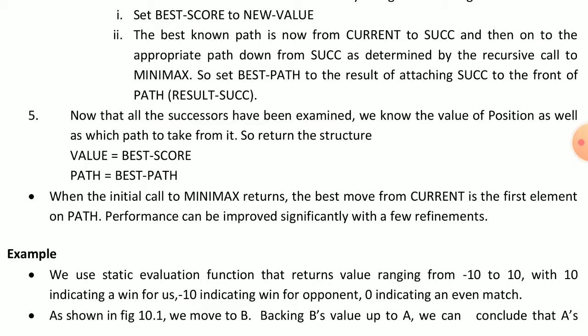We use a static evaluation function that returns a value ranging from -10 to 10. Here we can take one range. In maths you can take a range like 0 to 10, then in the same way we can consider here the range -10 to 10, with 10 indicating a win for us and -10 indicating a win for the opposite. 10 means we are the winner and -10 means our opposite player is the winner.